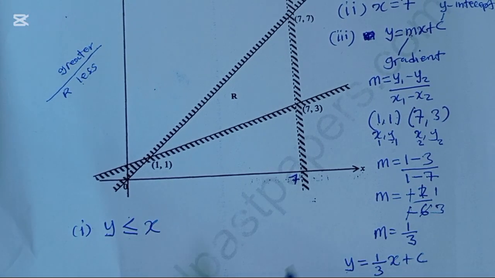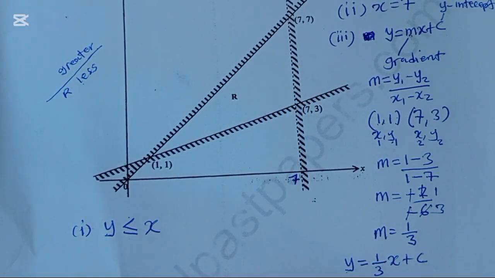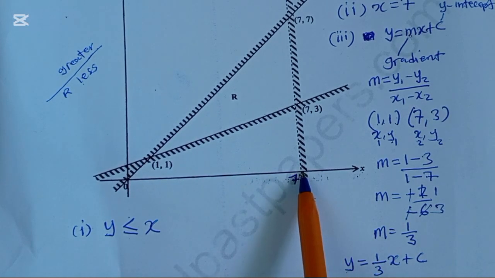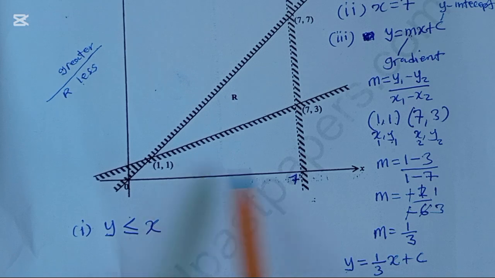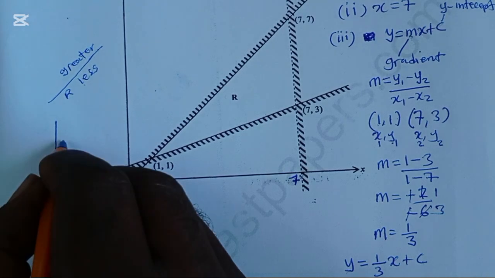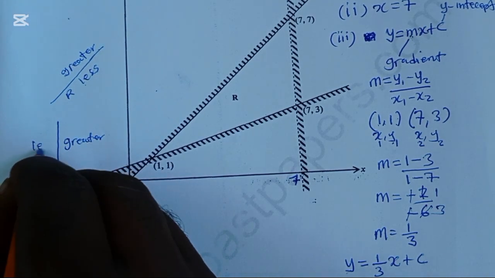Now we come to this line. So all the lines that pass like this. So remember that this is 7. So 6 is somewhere here. This is 7. 8 is here. So meaning for this line, this is the less part and this is the greater part. So for all the lines, this is greater and this is less.